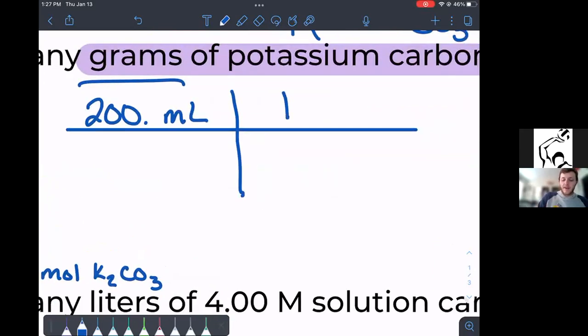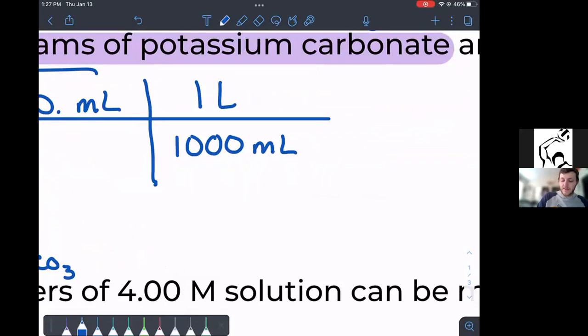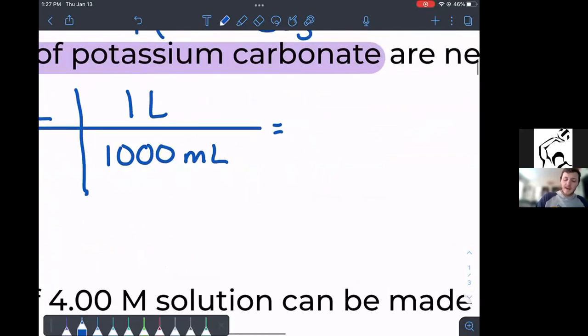We know that for every 1 liter, there are 1,000 milliliters, which means if we solve this, we have 200 divided by 1,000, which gives us 0.200 liters, including the correct number of significant figures.